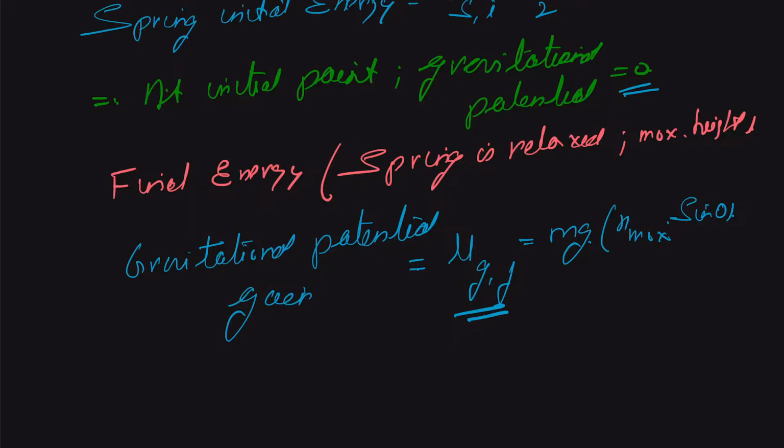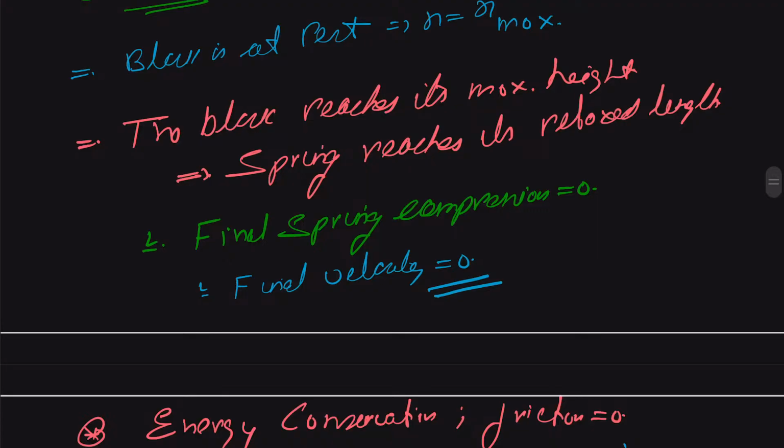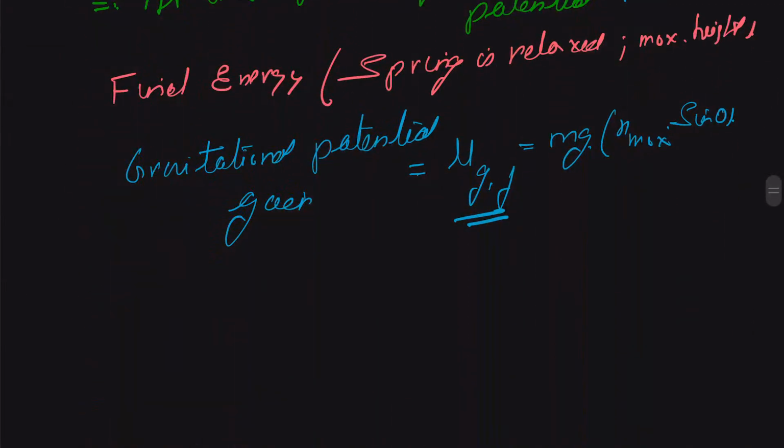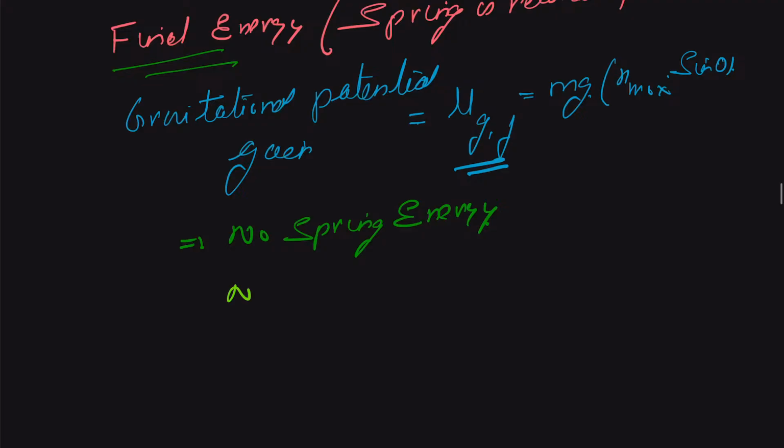Now at maximum height we said that its final velocity is 0, so there will be no kinetic energy, and as the spring is at relaxed length, there will be no spring energy either.